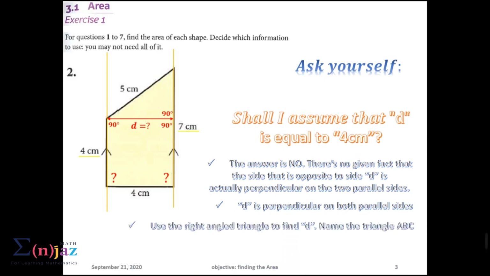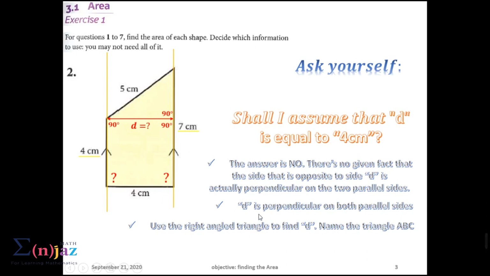Use the right angled triangle. Once we drew this perpendicular height between the two parallel sides, we created this right angled triangle. As you can see, this is 90, and the side right across the 90-degree angle is actually 5 centimeters.